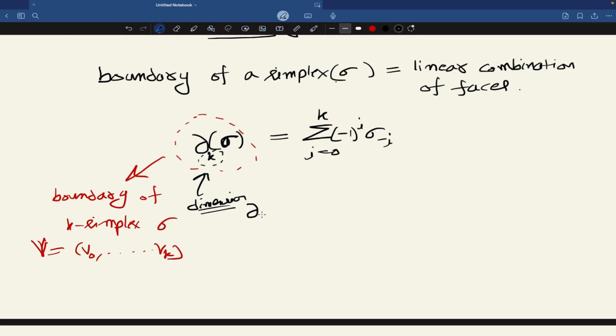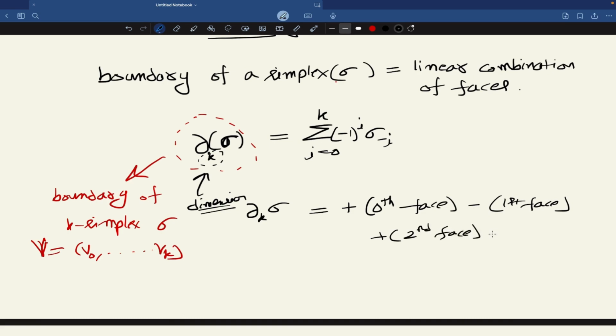So this del k sigma will be equal to plus your 0th face, then minus your first face, then plus your second face, then minus your third face, and so on, right?